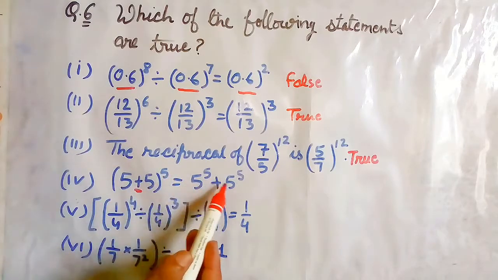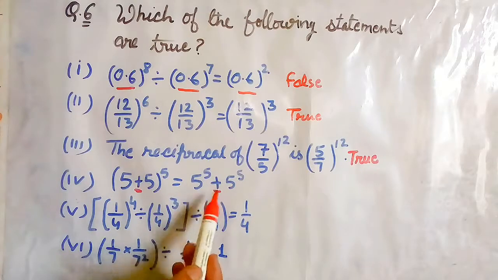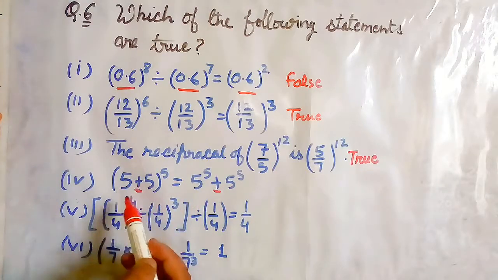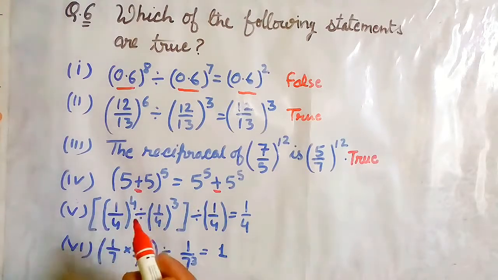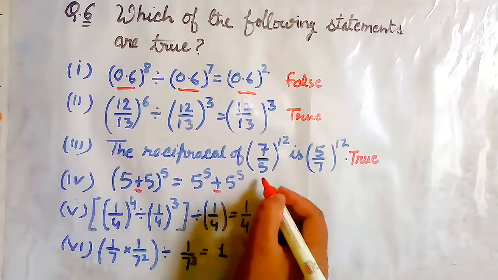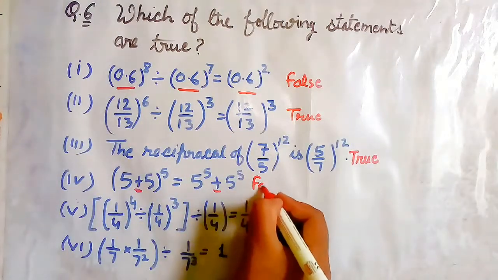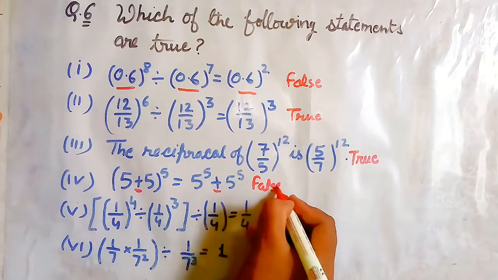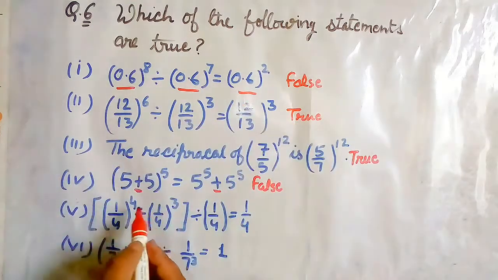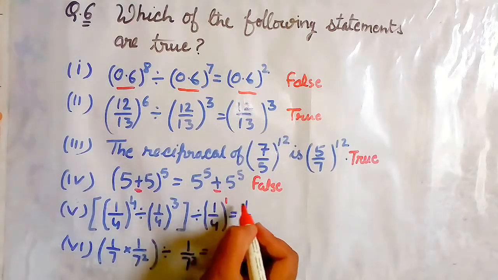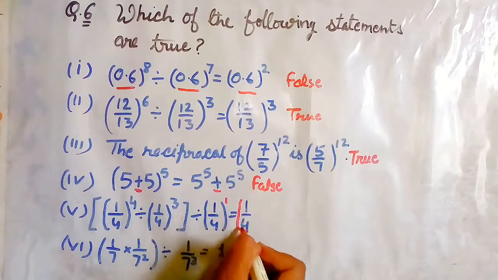In the next question, the distributive property of powers is there, (5 plus 5) whole raised to power 5, but remember it is not true for addition, so this will be false. You can simplify them and then you can check.